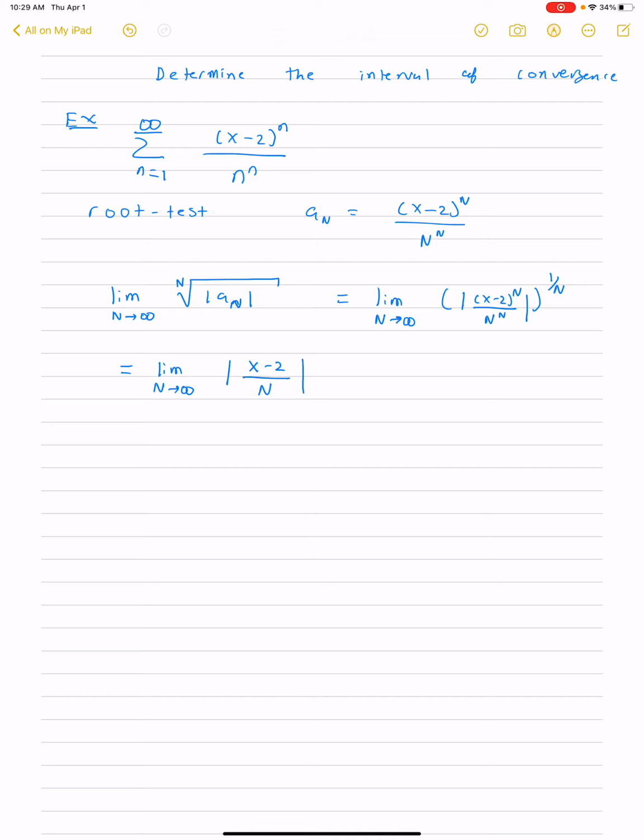Now, this limit as n goes to infinity is for a fixed value of x. Whatever the value of x, the denominator is what's going to infinity, and therefore this limit is 0.